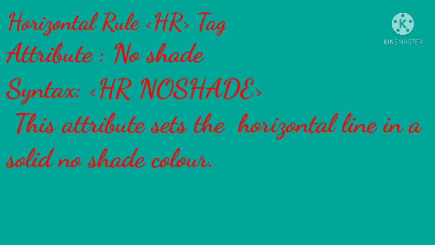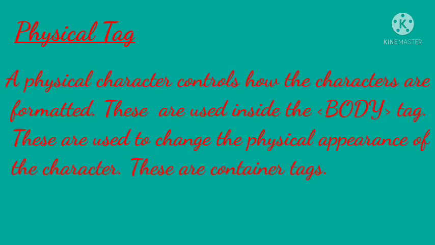The next tag used in the HTML document is the physical tag. Physical tags are used to change the physical appearance of the characters or text which is written inside the body tag. These are container tags, and that means they should have a closing tag also.